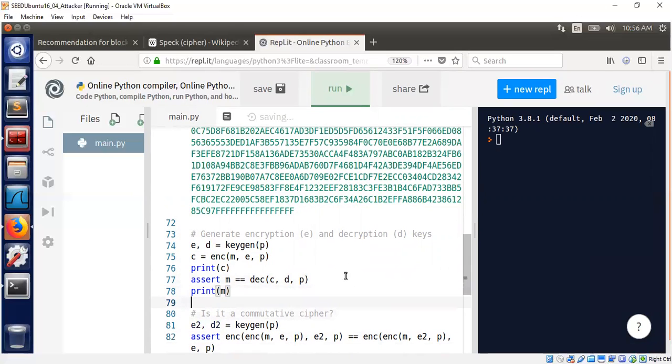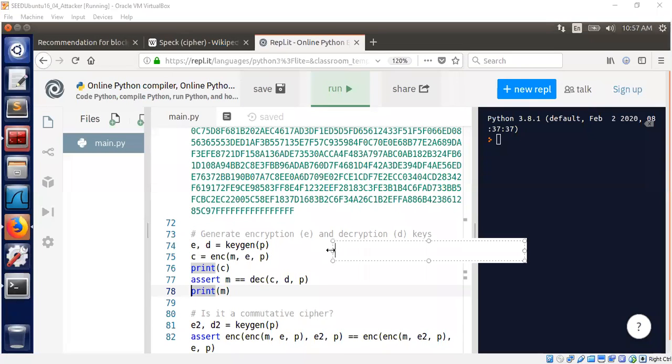Now I want to show you some important properties. First of all, why is this secure? What is the security reasoning here? As you can see, our encryption algorithm is based on the fact that we compute the ciphertext C by taking M raised to the power E mod P. It's similar to Diffie-Hellman key exchange, but there, instead of M, we have a group generator G, which is public.